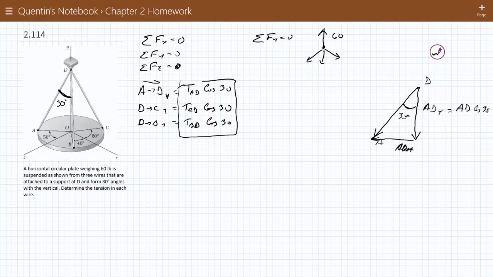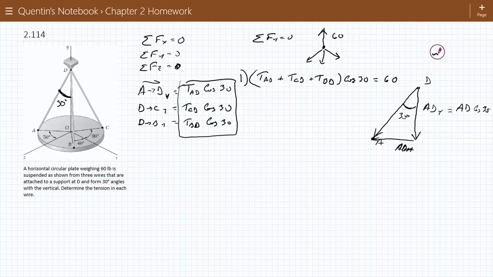So you have T AD plus T CD plus T BD, and I'm going to pull the cosine 30 out of all these because it's the same. All this times cosine of 30 is equal to 60 pounds. So that is our first equation, sum of the forces in y. That one's pretty straightforward. Okay, so that's our first equation.